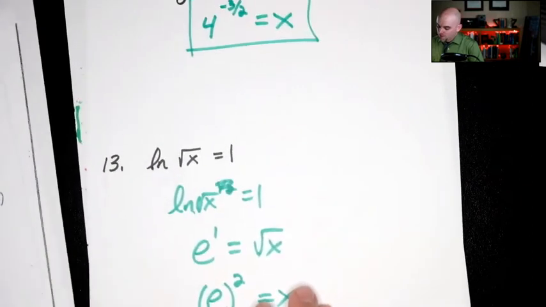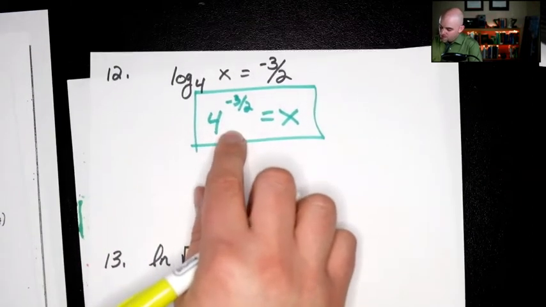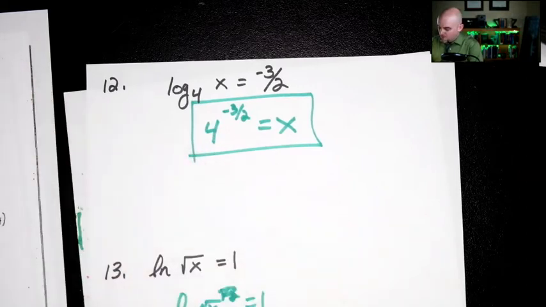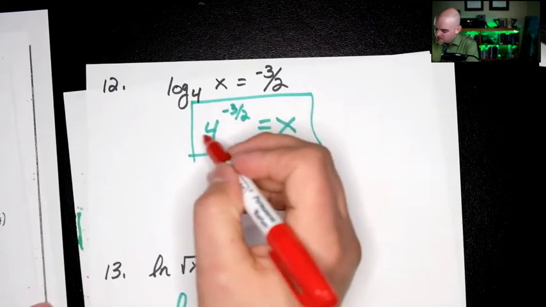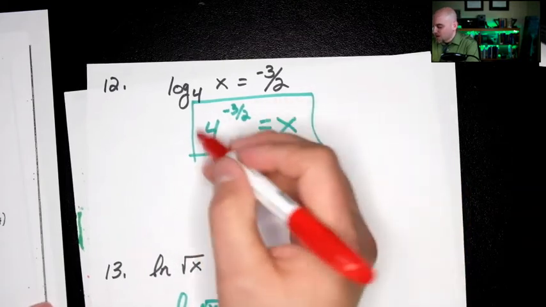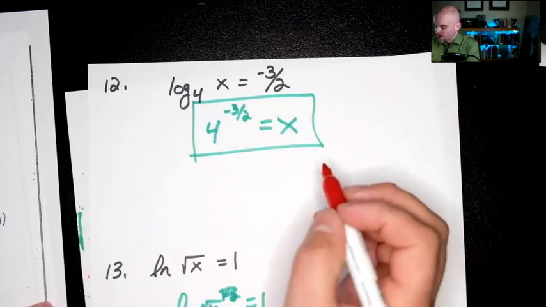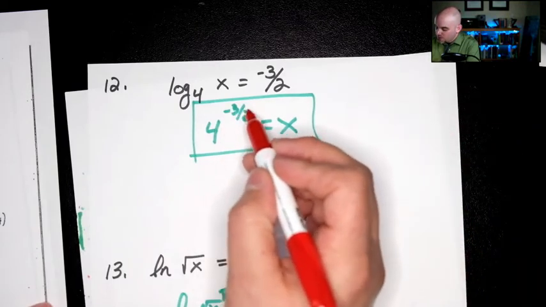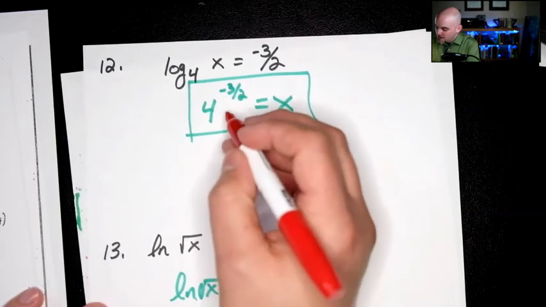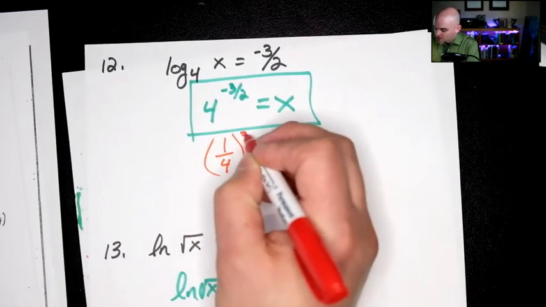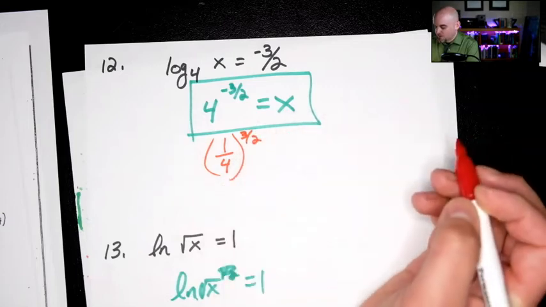Actually, before we look at number 14, I do want to make a mention here that we could probably work this out a little bit better. I'd be happy with that as an answer, but I think it's worth mentioning how else we could solve that right there. So we've got 4 to the negative 3 over 2. Remember, that is the same thing as saying 1 over 4 raised to the positive 3 over 2. All right?